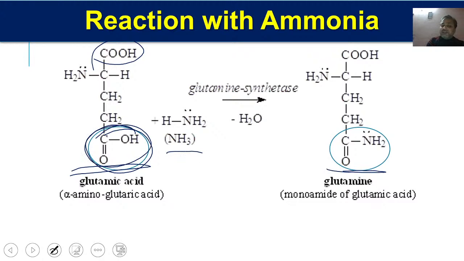So glutamic acid gives you glutamine, and aspartic acid gives you asparagine. That is the reaction of the COOH group with ammonia, and it gives you an amide derivative of that particular compound.